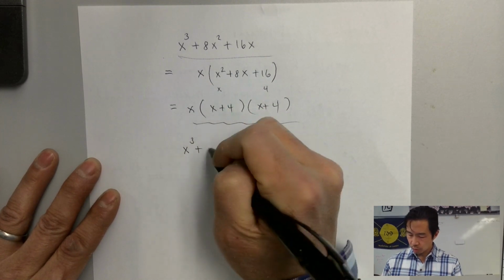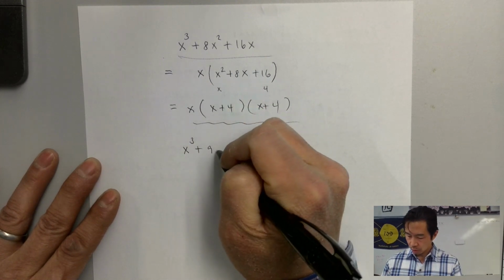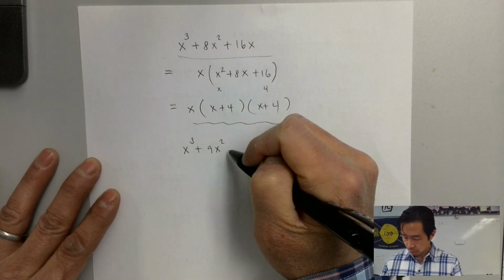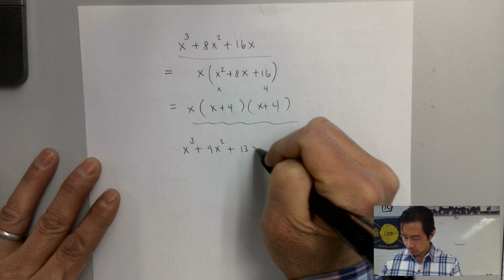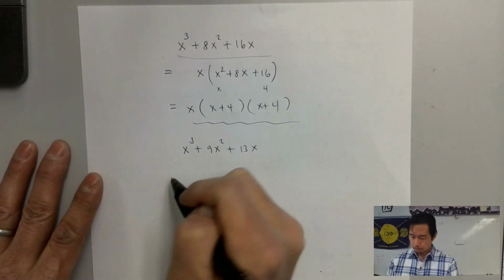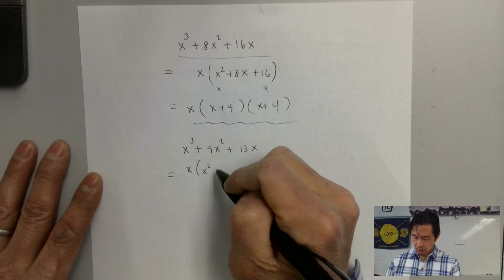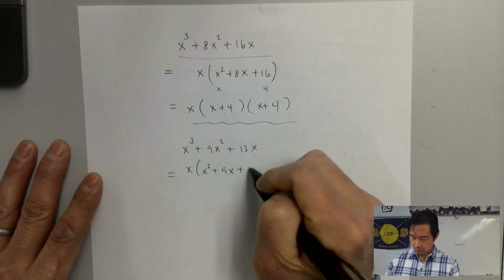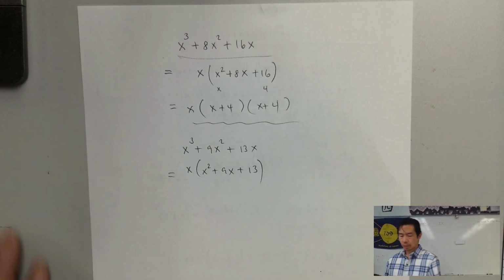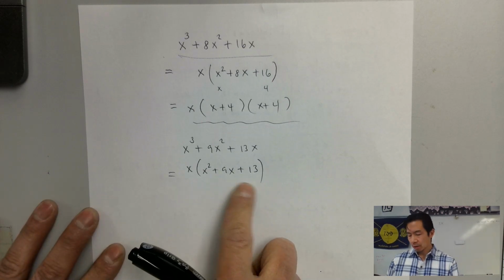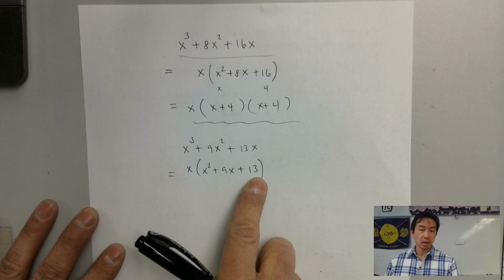One more example. Again, the GCF here is x. But if you look at the leftover, this is a perfect square, but this is not.